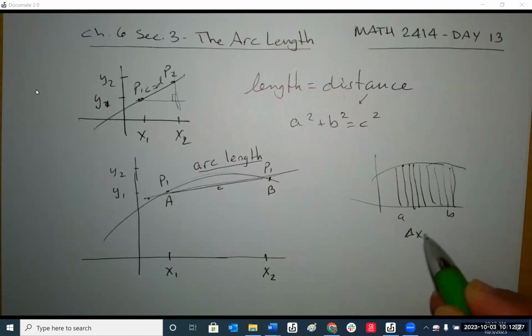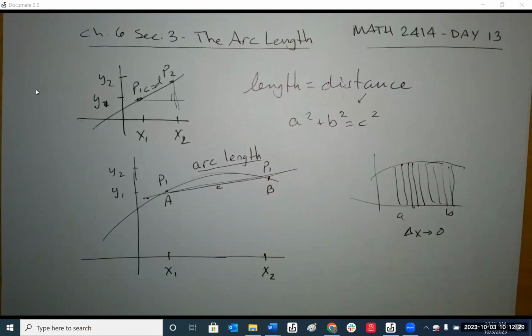As delta x got smaller and smaller, the number of the slats became increasingly large. So we're going to do the same thing here.